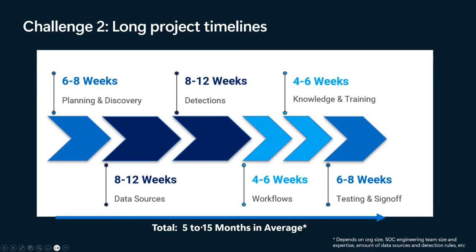So this leads to a situation where most customers end up running 2 different SIEMs, that is your source SIEM and Microsoft Sentinel, in parallel for extended periods to avoid any gaps. And this, of course, increases the overall cost.